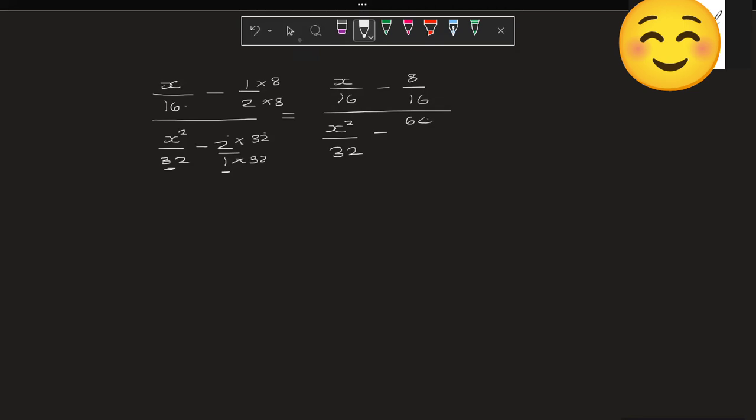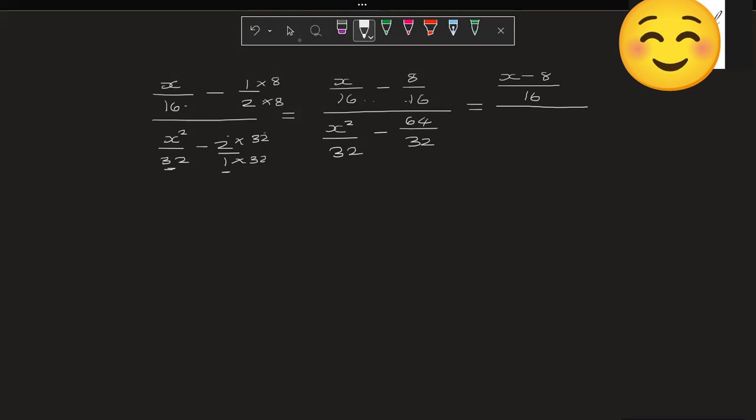Is 64 over 32. So what we are going to have at the top, the denominators are the same. So we're going to say x take away 8 over 16. And then we're going to bring the line there.